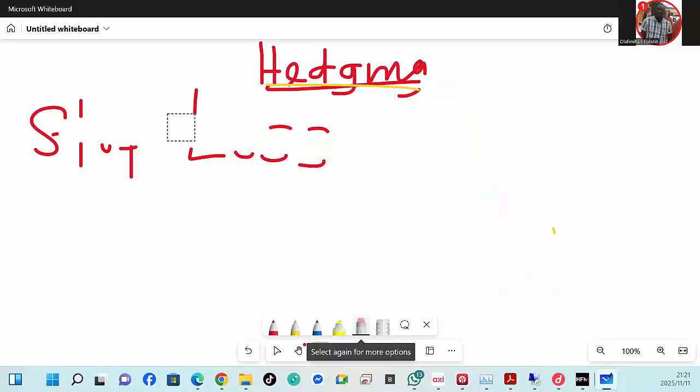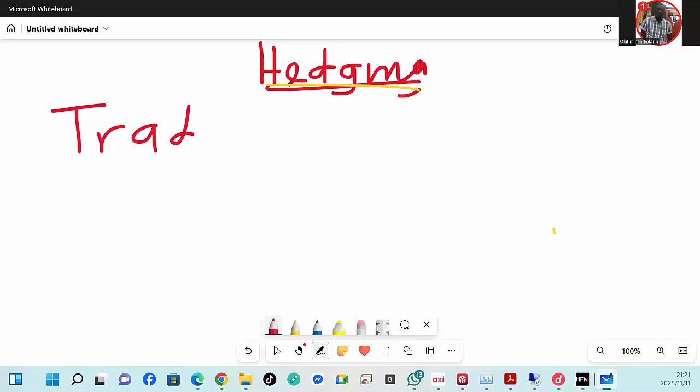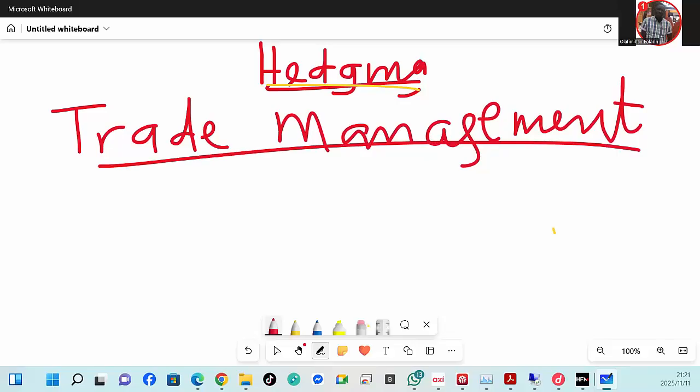So now, hedging is a component that we use for trade management. Trade management is key.